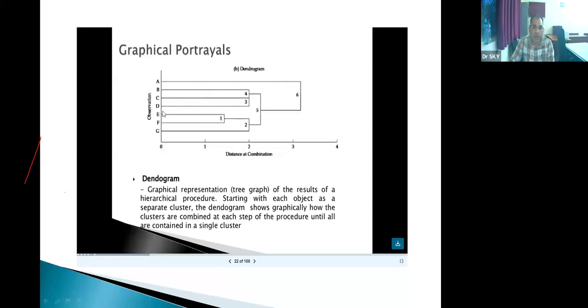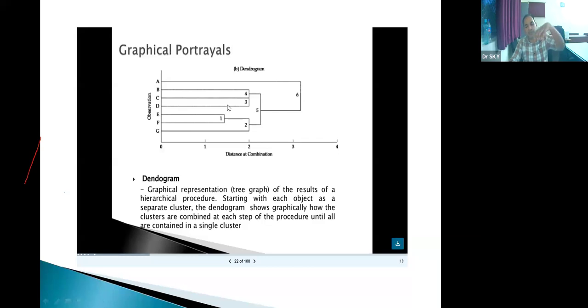We have added E to F. Then this cluster has been added with the G at second step. Then at third step, we have added C to D. And at fourth, it is added with B. And now these two, B, C, D and E, F, G, are added to each other at fifth step. Now this outlier is added at the sixth step to make a single cluster.